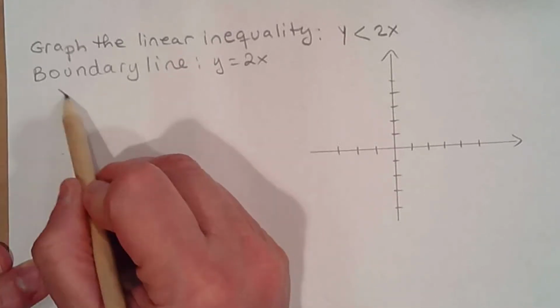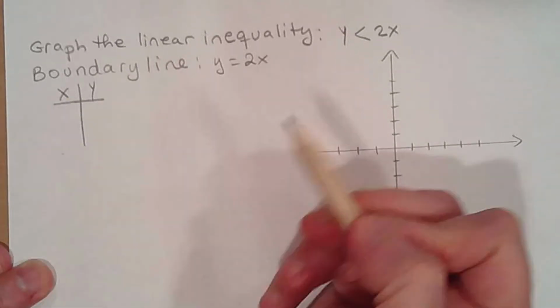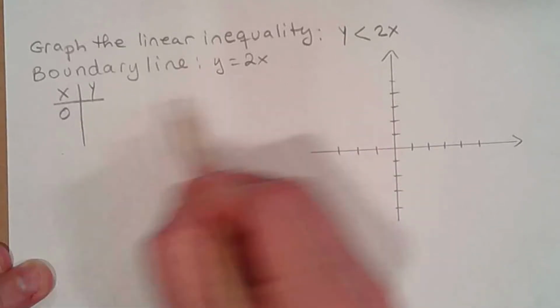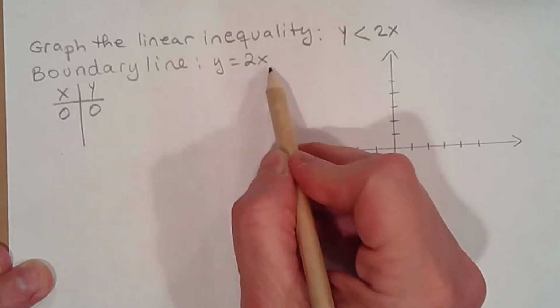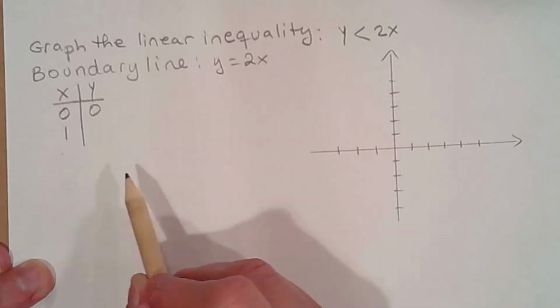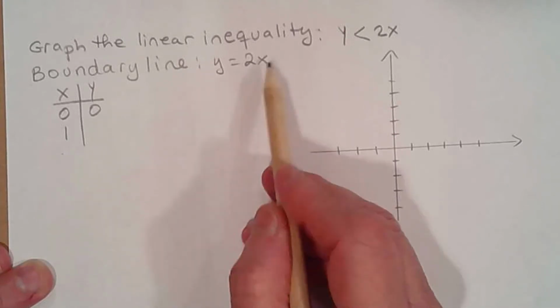You can, if you want, plot points, or you can use slope-intercept form. When x is 0, y is 0: you plug in 0, 0 times 2 is 0. When x is 1, y equals 2 times 1, or simply 2.